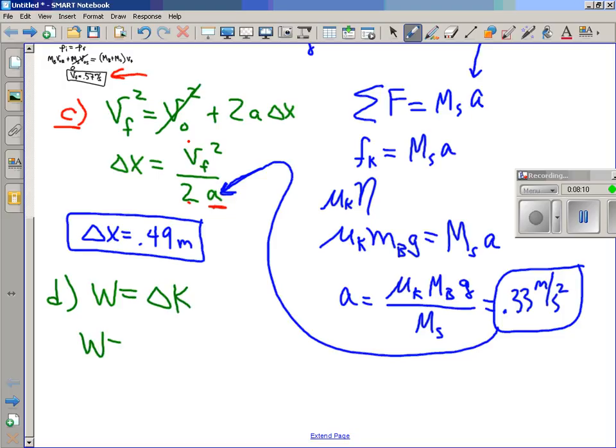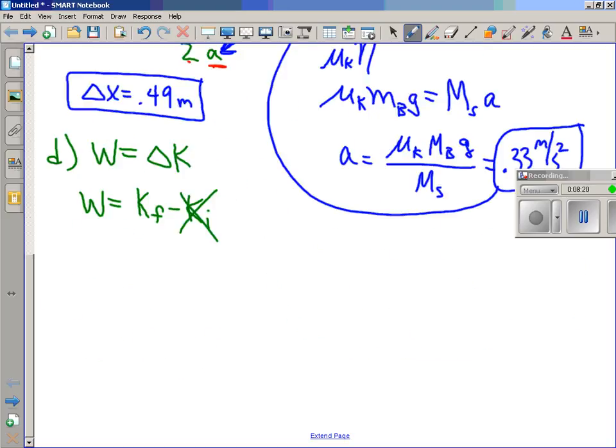So work done by friction equals kinetic energy final, subtract kinetic energy initial, but it started off at rest, so kinetic energy initial is 0, and kinetic energy final then is going to be what the work is equal to, kinetic energy final of the slab. So that's 1/2 mass of the slab times the final velocity of the slab squared.